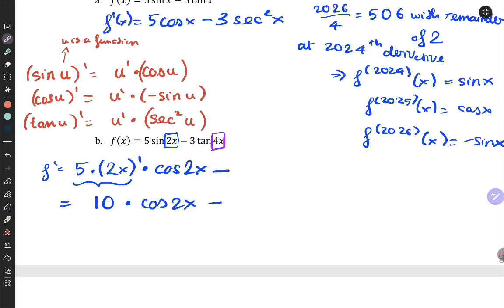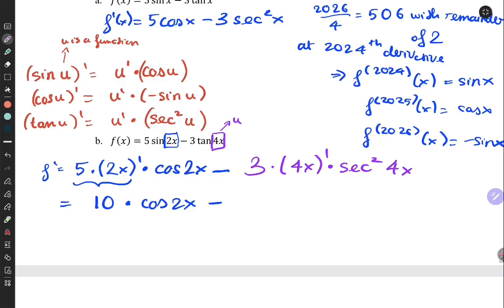Okay, so drop the 3 down. Times the u prime, u is 4x, so the derivative of that, multiplied by secant squared of u, not x.